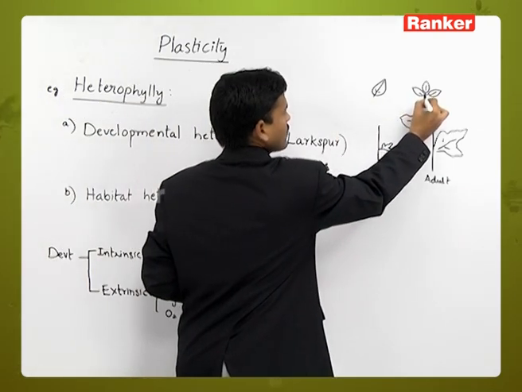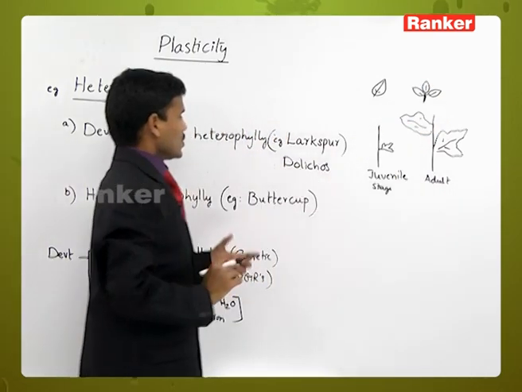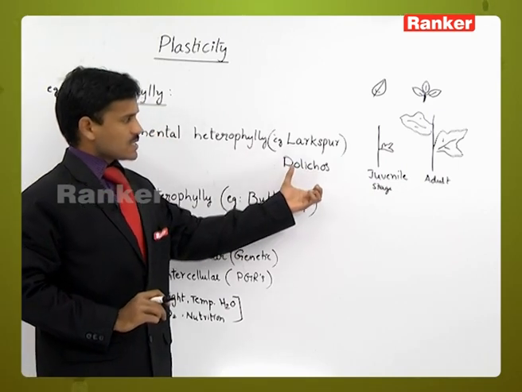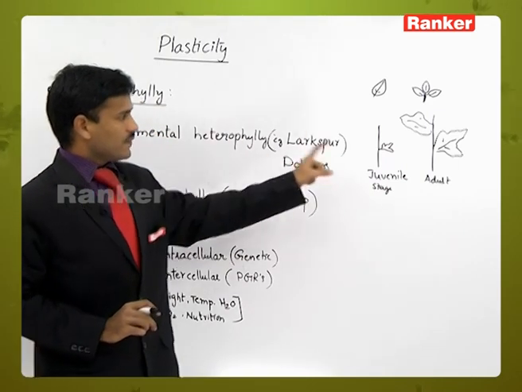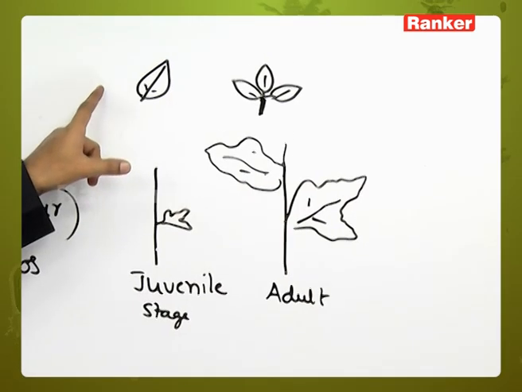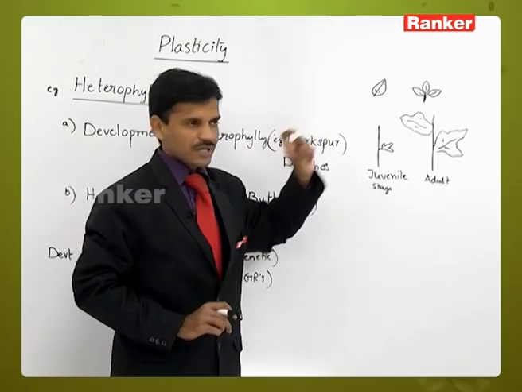That is a petiole and these are the leaflets. So at different developmental stages the leaf structure is different in larkspur and in dolichos. In the juvenile stage, one type of leaf. In the adult stage, different types of structures are observed.